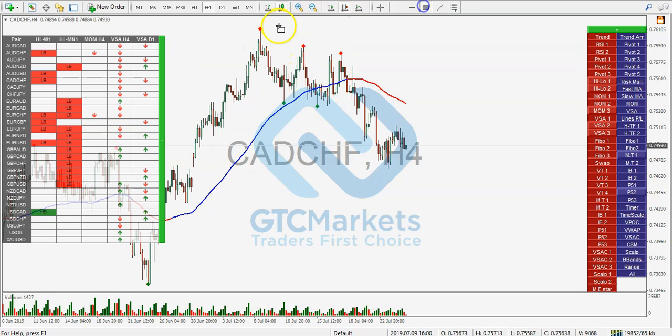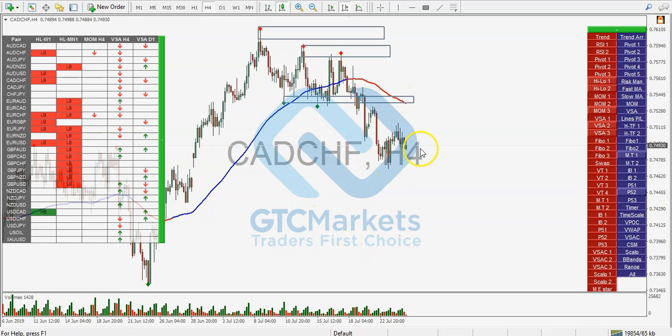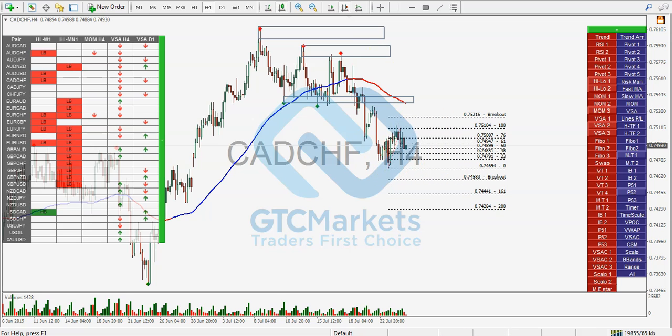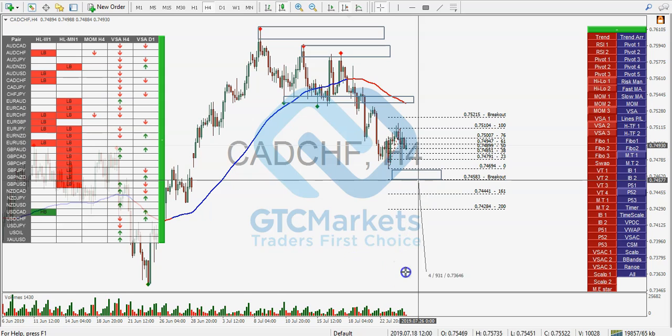See this one, then this one over here, and even the demand has been broken as well. A couple of days ago I told you the setup. What happens now? If you want to enter in this area, you must draw your Fibonacci from this place and wait for the breakout of this level, say like 19 pips. If you have a break below this 19 pips, you can expect the market to fall downwards.